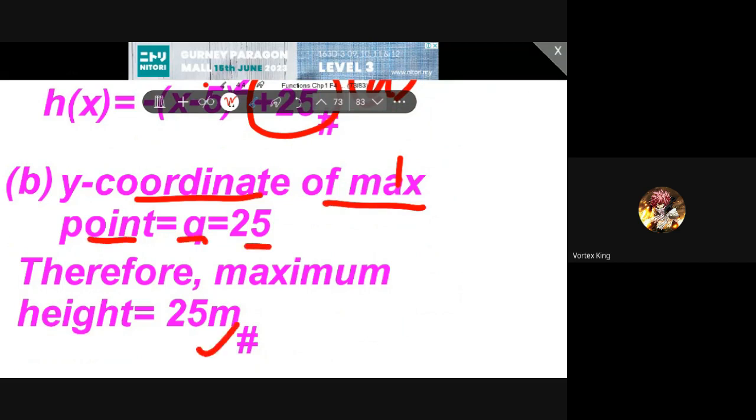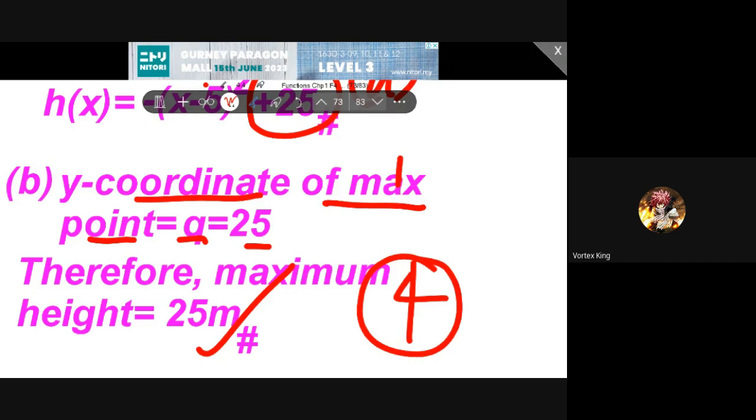Okay, so therefore kamu boleh conclude ketinggian maksimum tu adalah 25. So sampai B boleh faham tak? C ni challenging. Question C agak susah, sebab kamu kena imagine. Sampai sini okay tak? Kamu dah dapat 4 markah dah dari sini.